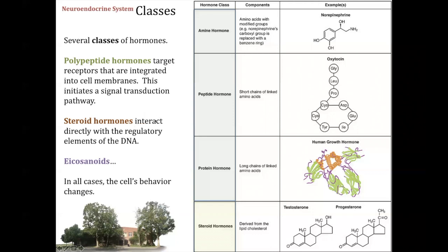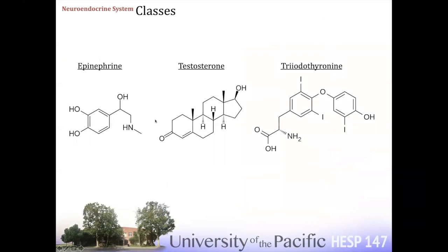But it's also a little bit weirder. Triiodothyronine, that's T3, and T4 is thyroxine. Those are your thyroid hormones. Now, those are tyrosine based. It's an amino acid hormone, right? It's a polypeptide hormone, but they have nuclear receptors.